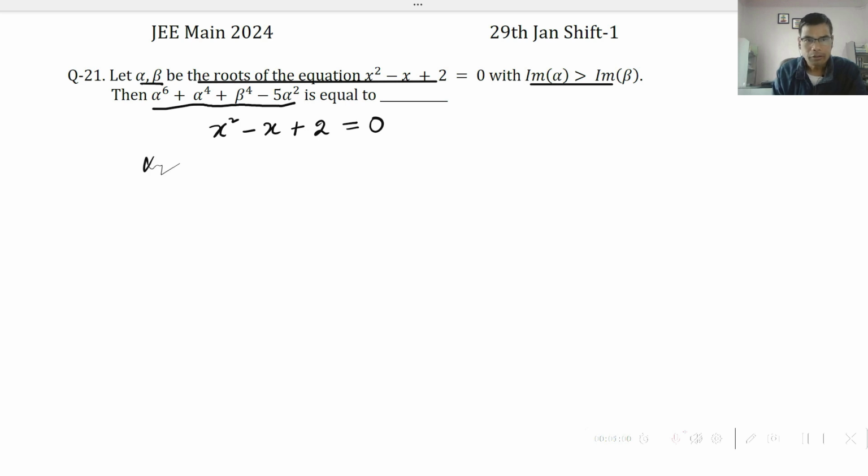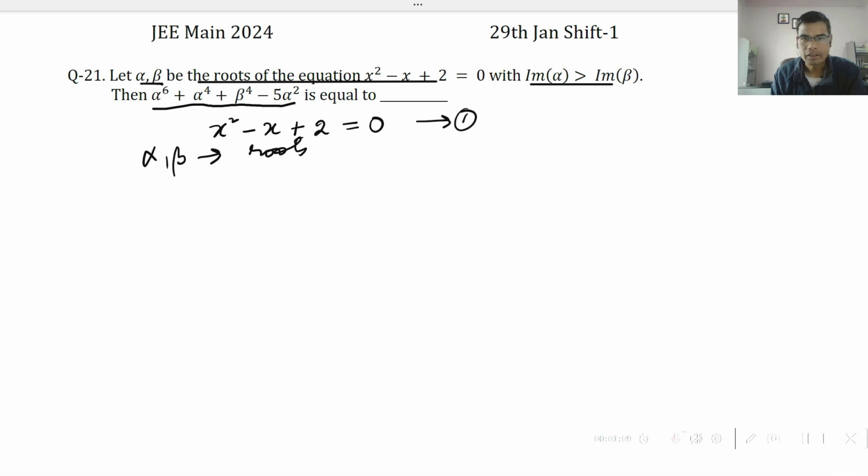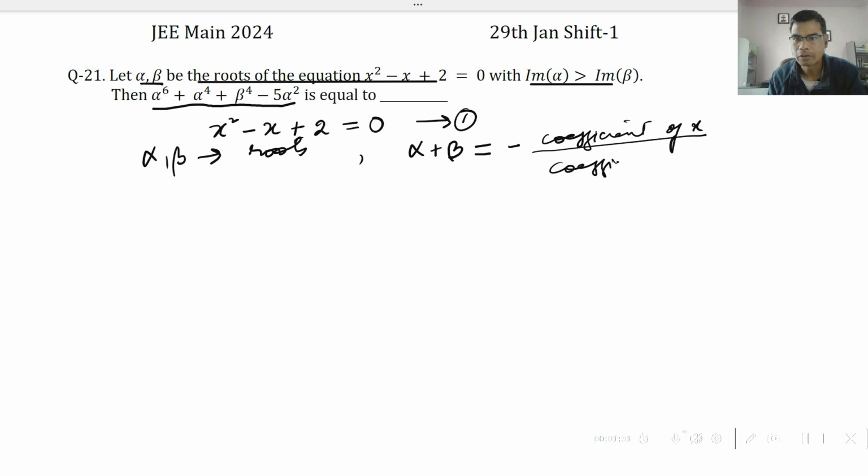So here, if alpha and beta are the roots of this equation, then by the relation between the roots and the coefficients, alpha plus beta, the sum of roots, is equal to minus the coefficient of x divided by the coefficient of x square.